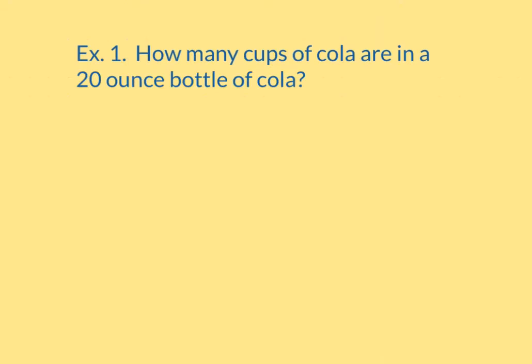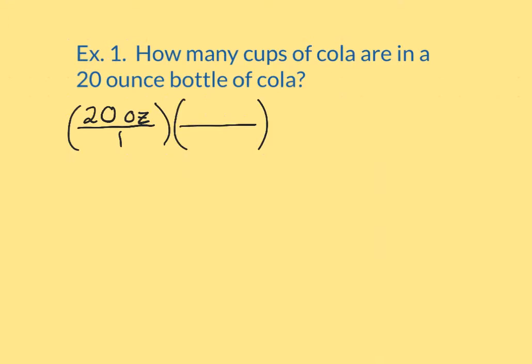We can determine how many cups of cola are in a 20-ounce bottle of cola. All right, what do we know? That's where we start. We know we have a 20-ounce bottle of cola. I'm going to put that 20 ounces over 1 because it doesn't change the amount of cola I have. And now I'm going to recall a conversion factor.